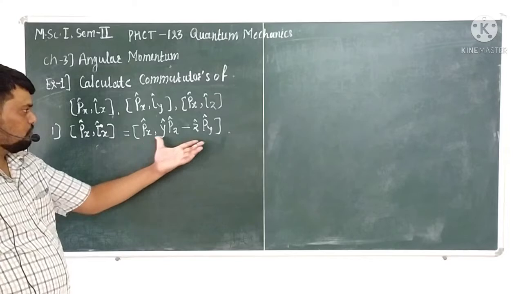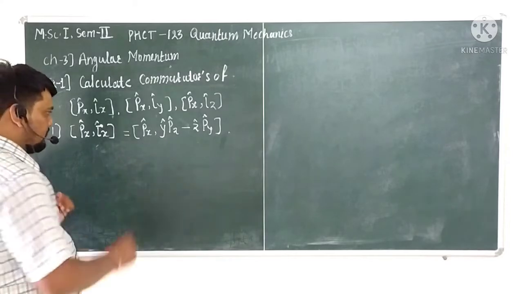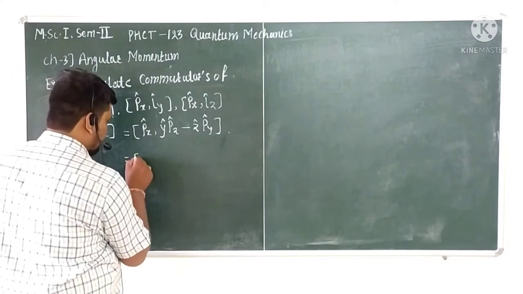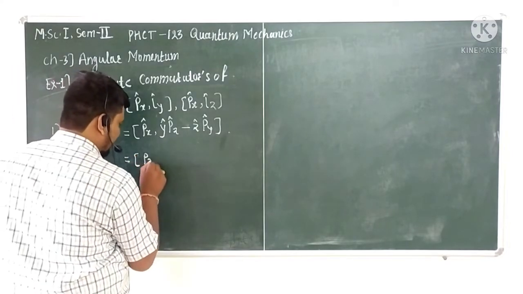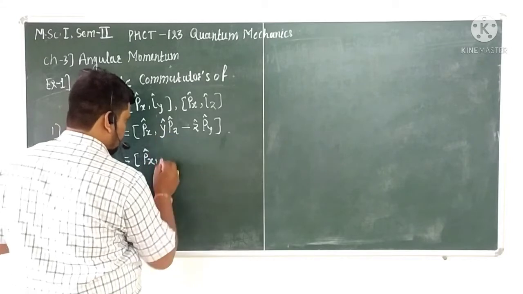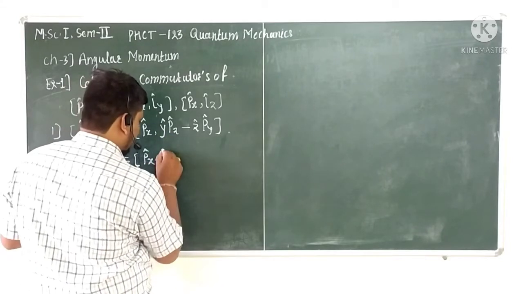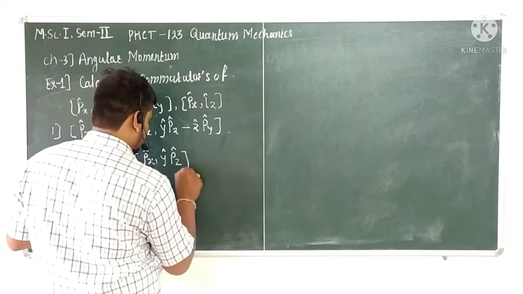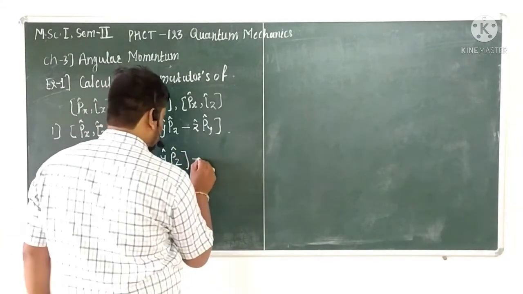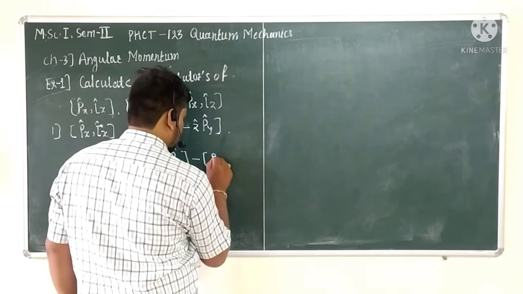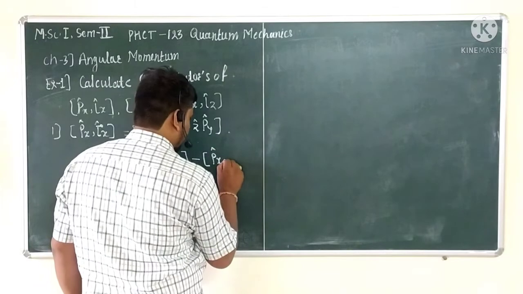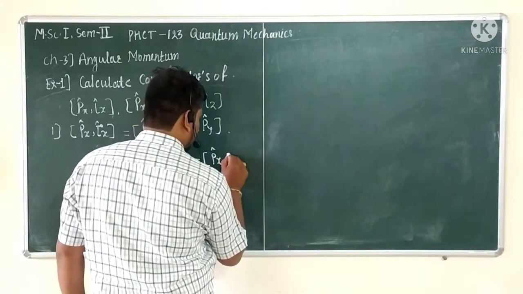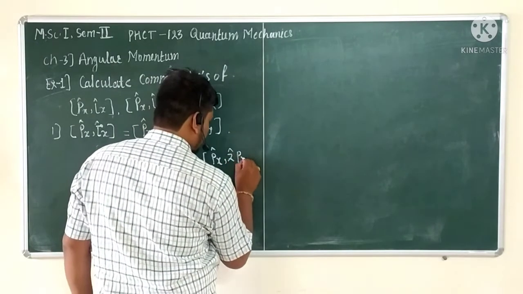And if we commute this algebra, it is given here: px cap comma y cap pz cap, and next, with the minus sign, px cap comma z cap py cap.